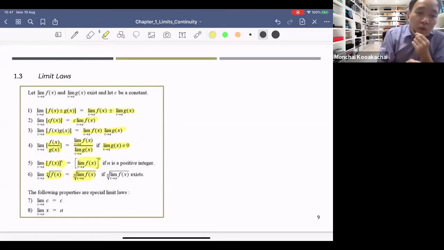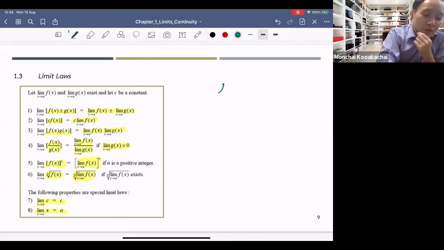And also the basic thing that you need to know is when you see the limit of a constant, this is just that constant because it is just a constant function. So it doesn't matter where x approaches. So the limit of a constant is the constant, and the limit of x when x approaches a is a, because this is the function y equal to x.